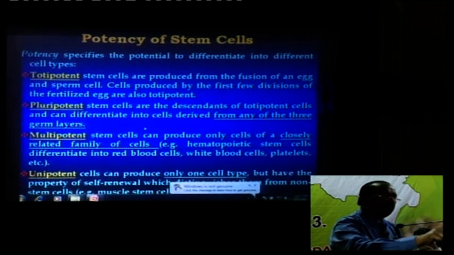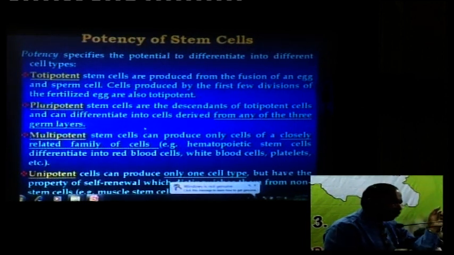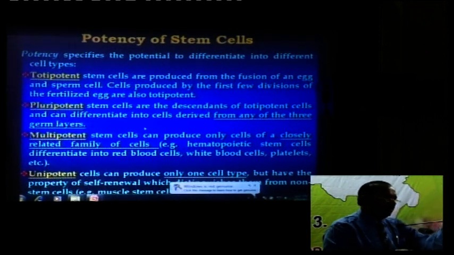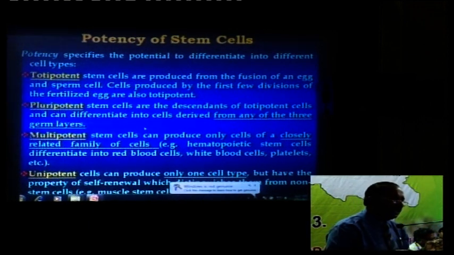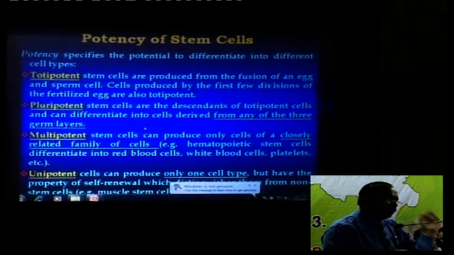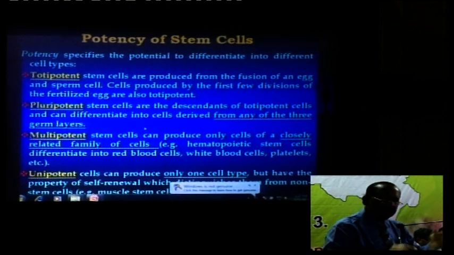Multipotent cells can form one group of cells. For example, the hemopoietic stem cell can form platelets, RBC and WBC, but only in the blood series. And unipotent cells are ones which can form only the same thing. They cannot differentiate into anything else.